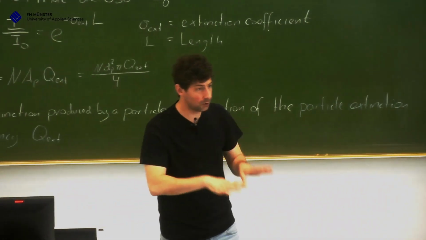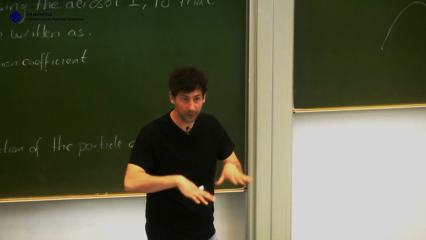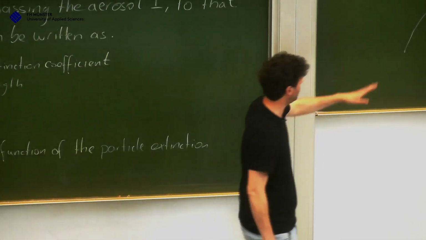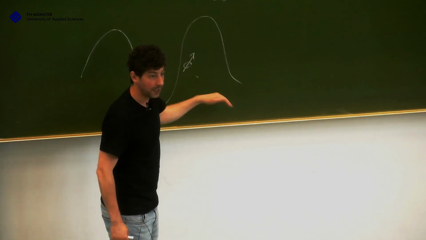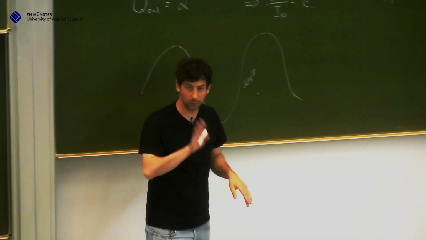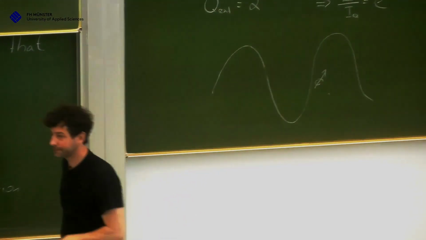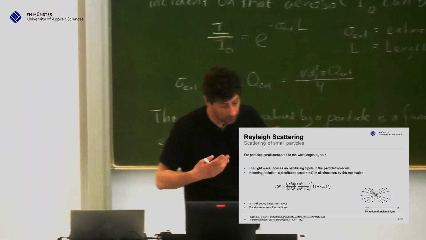This means the electrons in the particle, in the nanoparticle, are moved. And the movement of these electrons depends on the electric field, so it depends on the light wave. And since the light wave is oscillating, this dipole is also oscillating. And this dipole also has an electric field and also radiates.